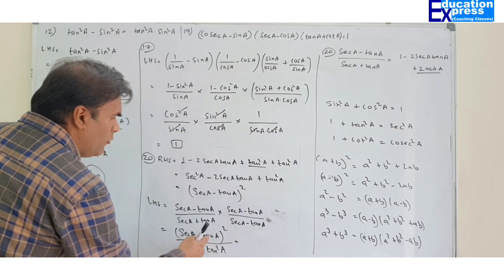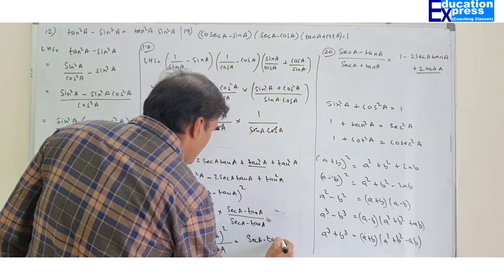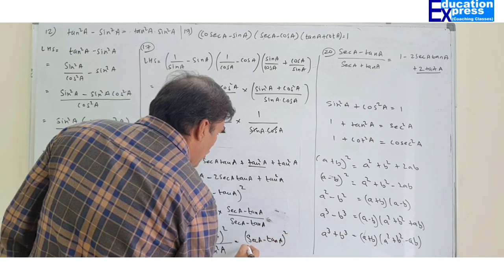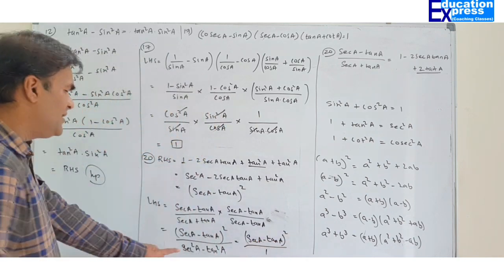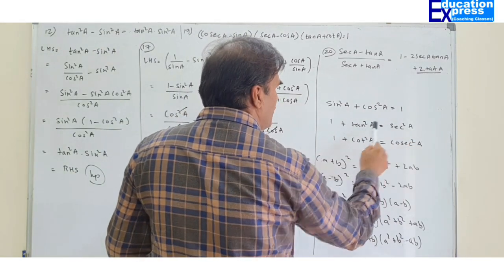My dear friend, the upper part will remain the same, sec A minus tan A the whole square, and the lower part will become 1. Sir, how? You can check it out. Sec square A minus tan square A would be 1.